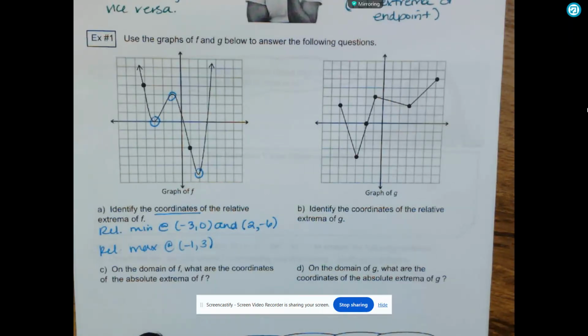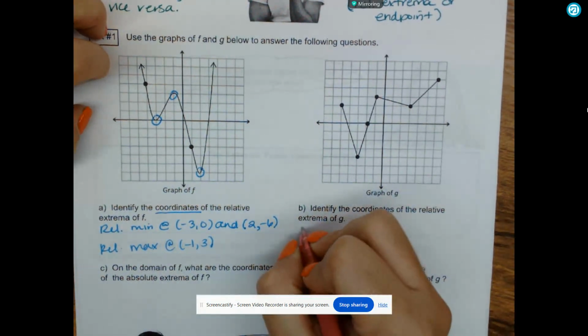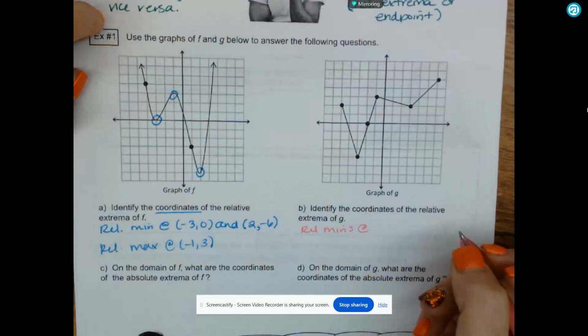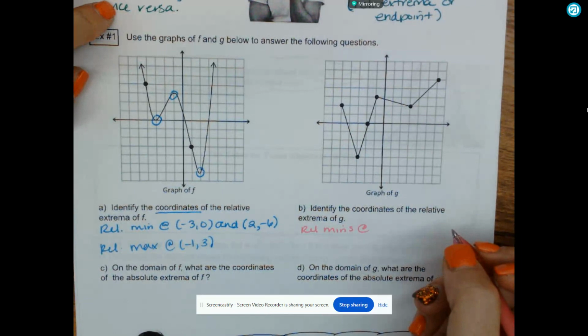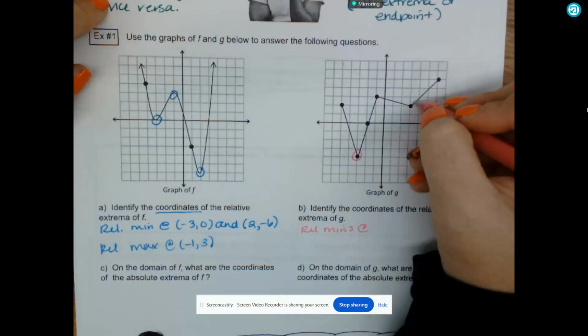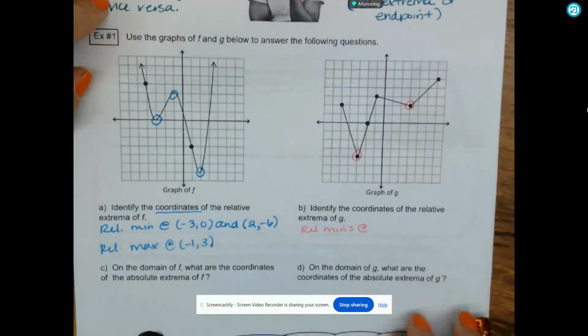All right, letter B. Identify the coordinates of the relative extrema of g. Remember, we're still going increasing, decreasing, or decreasing, increasing. Let's look at our mins first. We got one here, right? Decreasing, increasing, and then up here as well.